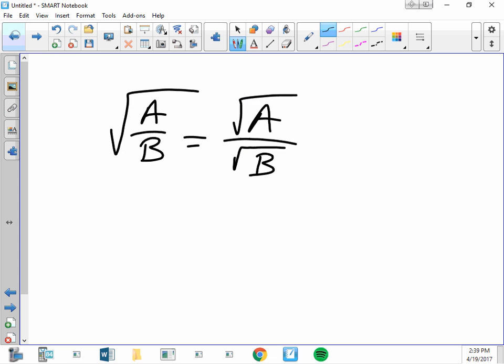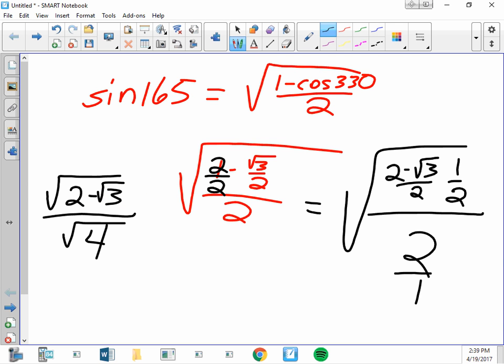So what we do is when we get the square root of 2 minus root 3 over 4, does the top square root? No, it's a mess. But does the bottom square root? Yes. And because it does, we split them. Yes, she who shall not be named. Gotcha.